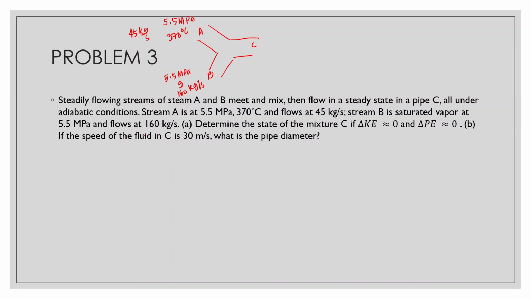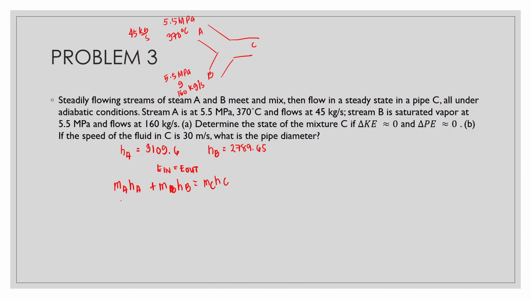Okay, so understood. So, pag kinuha natin si H sa stream A, that is equivalent to 3109.6. At pag kinuha natin si H sa stream B, that is 2789.65. Okay, energy in, energy out tayo. Energy in is equal to energy out. So, MAHA plus MBHB is equal to MCHC.